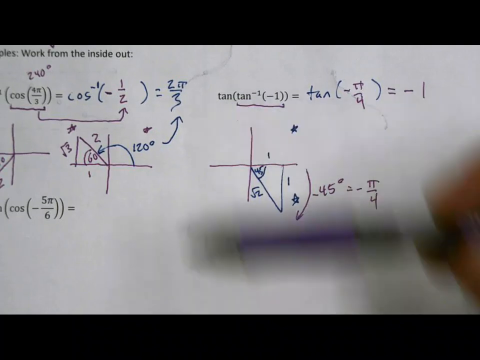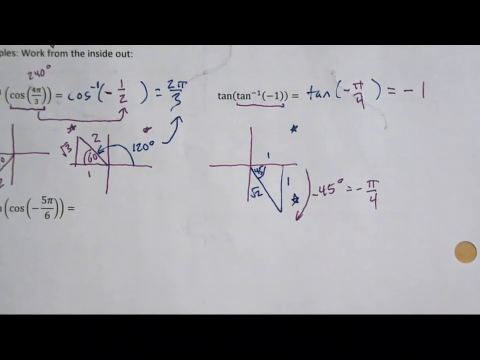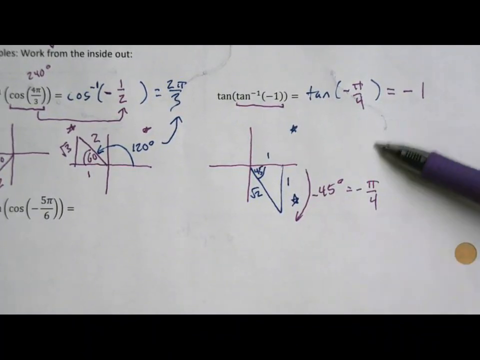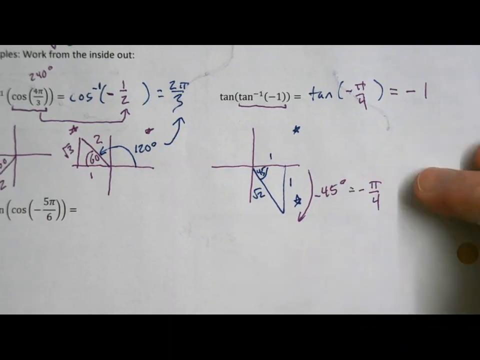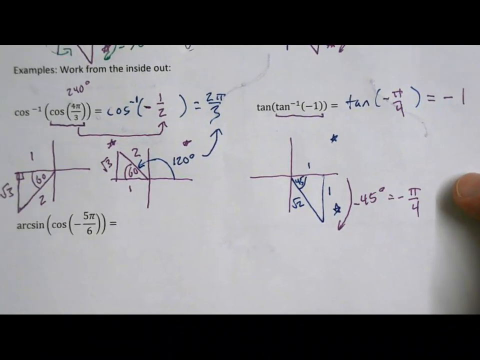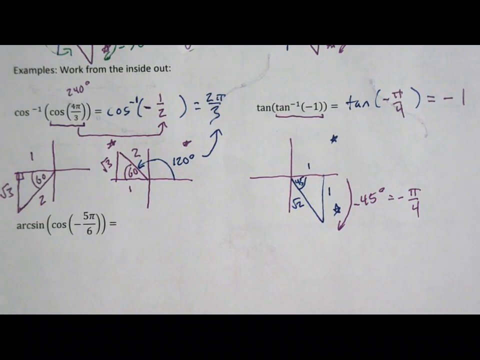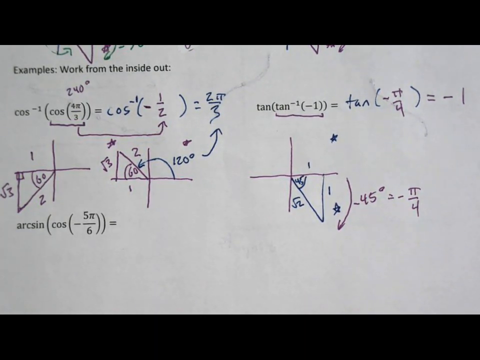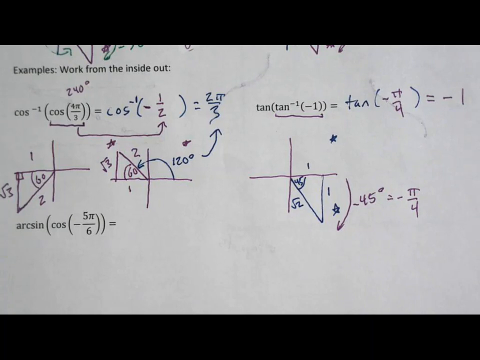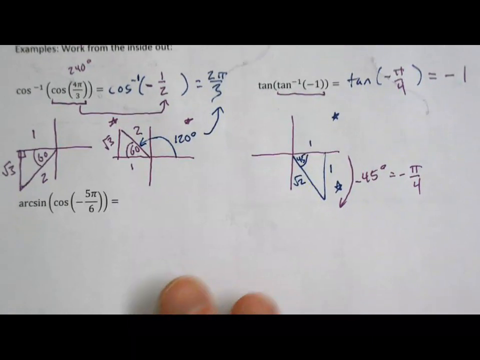So yeah, I need you to be able to do this because this is going to affect some stuff that we're doing in the next unit. I want you to internalize this idea that these inverse functions can only give us angles in certain ranges. It's going to be a big thing later on when we're solving equations with them. Other questions before we do the last one?